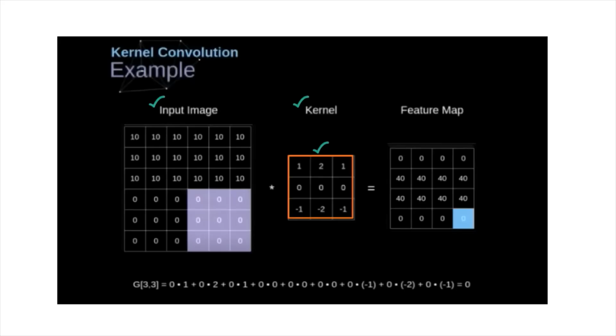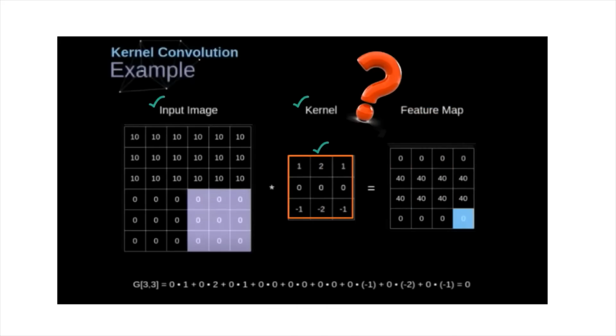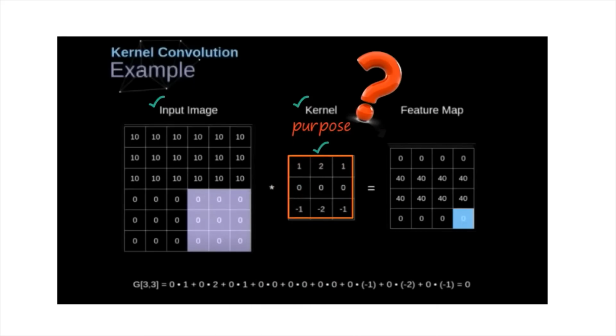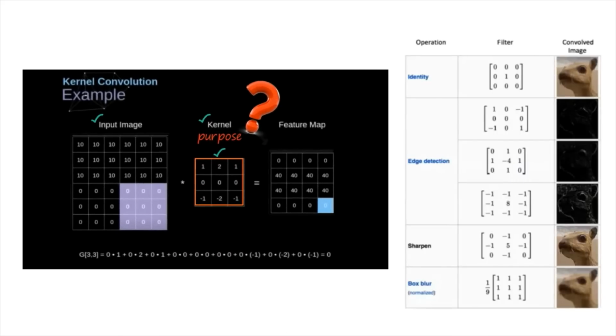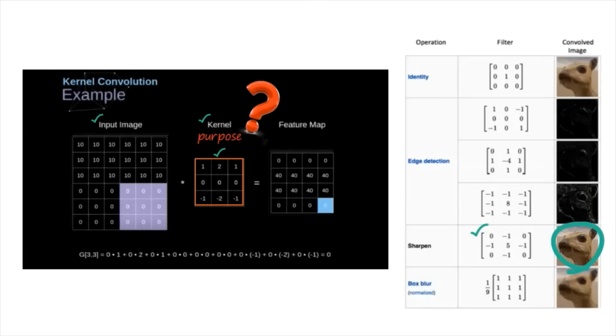So here my point is, what is the value of this kernel? It depends on the purpose of your operation. For example, see here. If you want to create a very sharp image using a convolutional neural network, then this will be your kernel value.